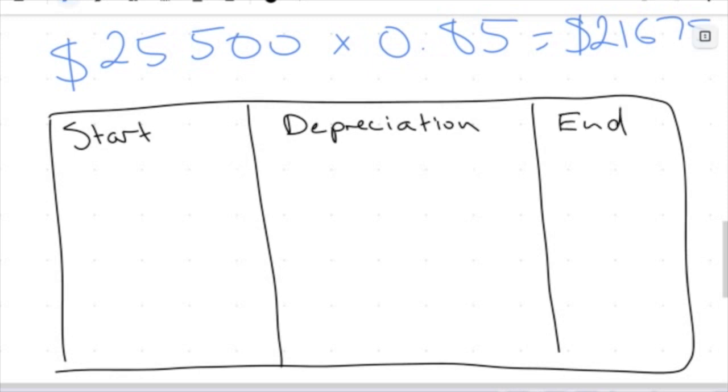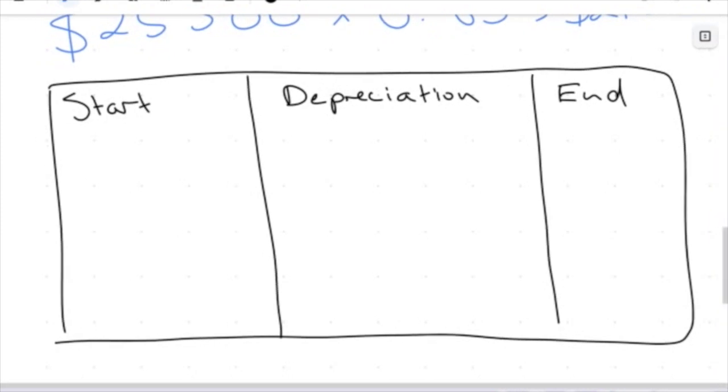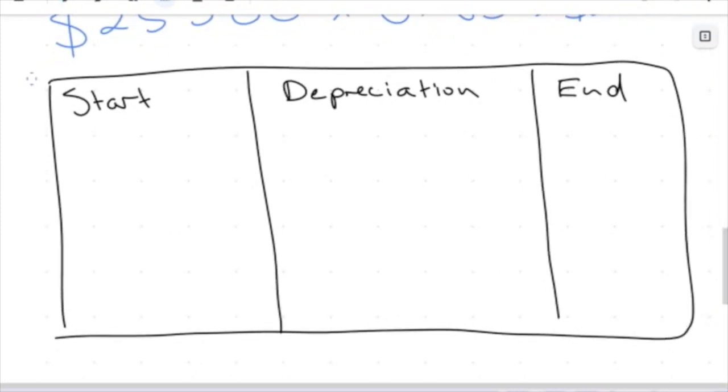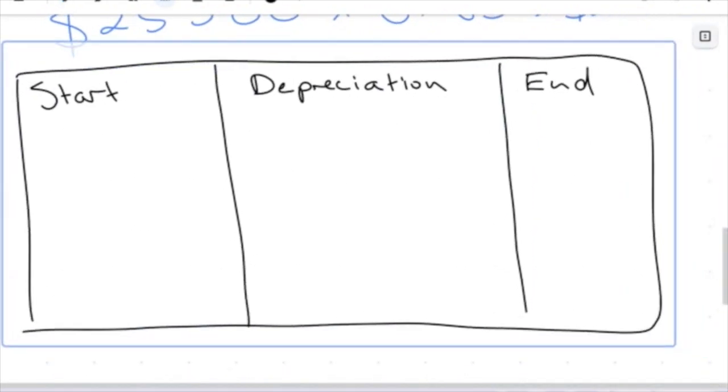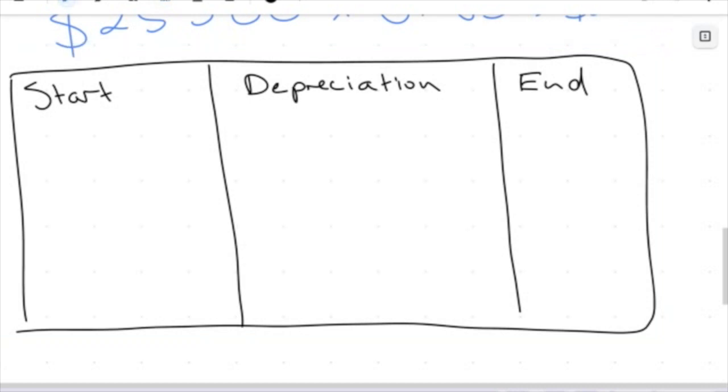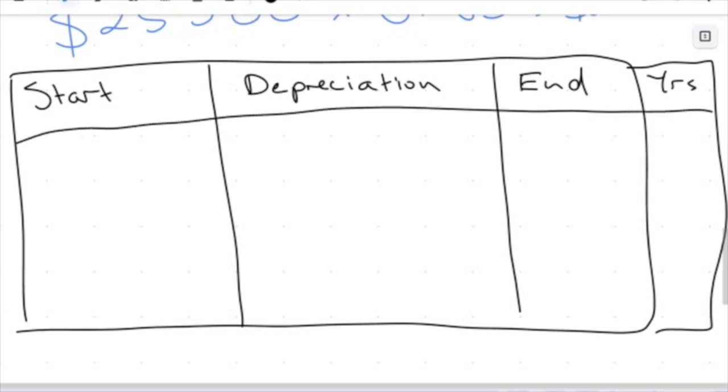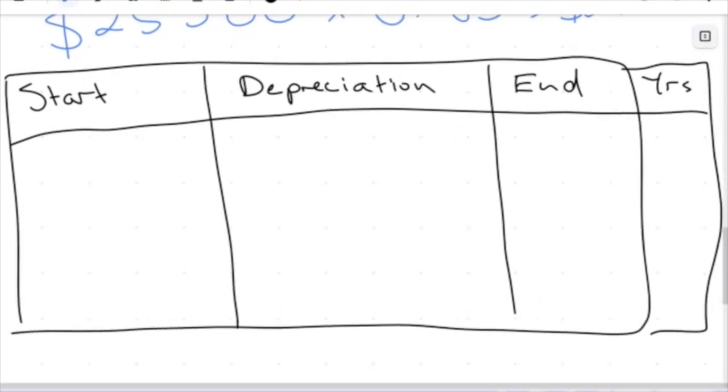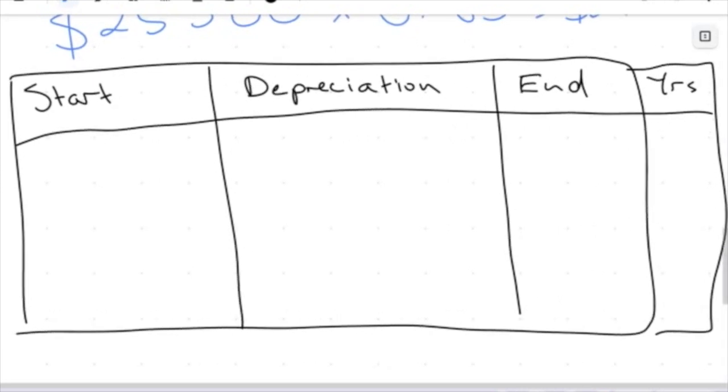Okay, let's add another column to this table, which is years. So I've drawn up my table, and I'm going to plug in these values and see if I can notice a pattern happening here.